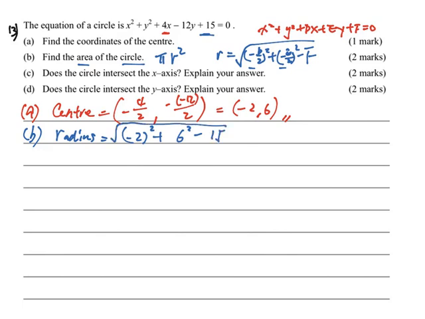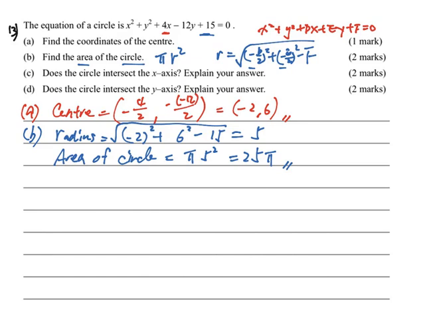Remember the square root. You can find it is 5. So the area of the circle is pi times 5 squared, so it is 25 pi. For this situation, no units. If the question requires cm, then it is cm squared, because it's area.